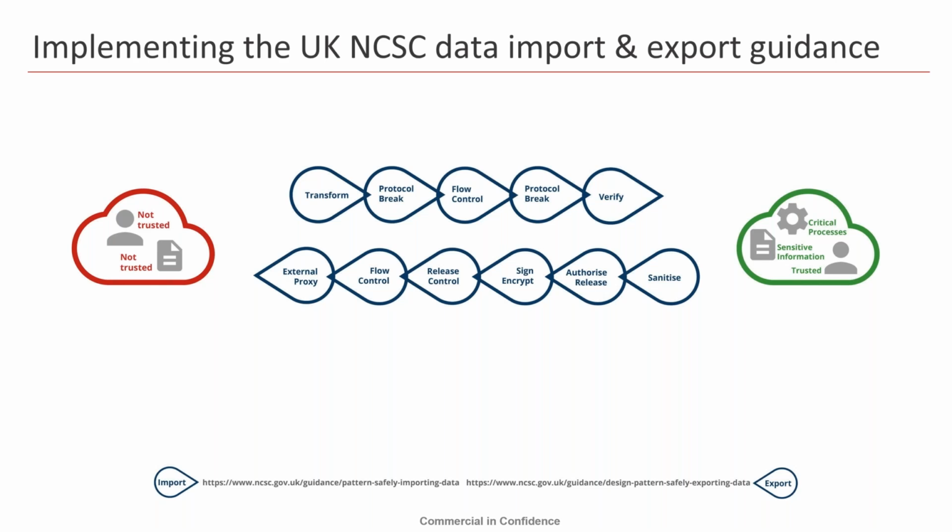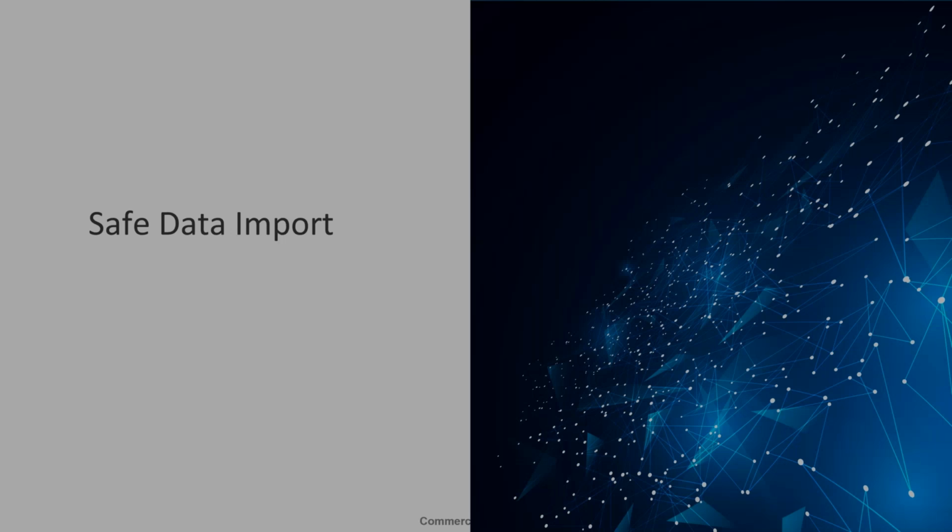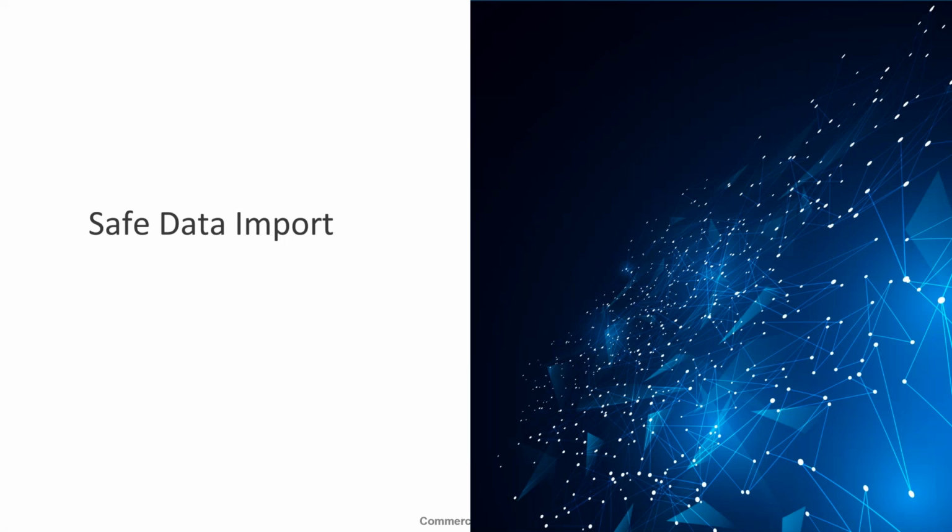But building a cross-domain solution is still quite a challenging exercise. One of the first places to start is to figure out how you're going to implement these controls. We're going to break down the challenge by looking first of all at one set of architectural patterns, which is the patterns for import.